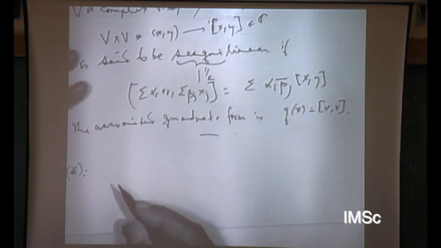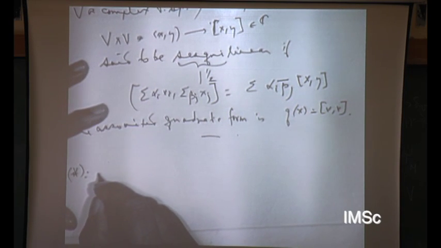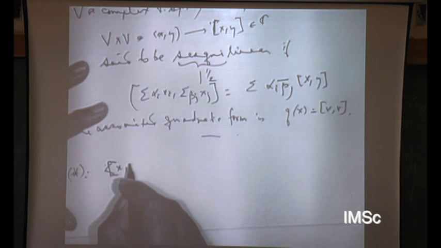So the identity is, so this refers to, okay, what does it say? It says that if I take (x, y), sorry, not inner product.